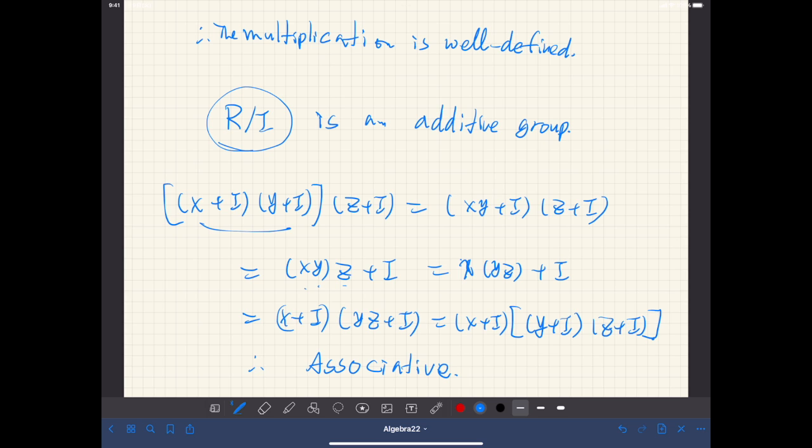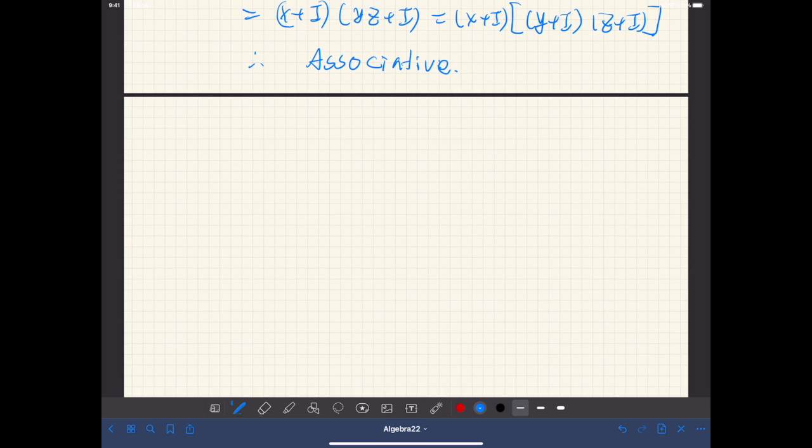Therefore R over I is a ring. Well, we actually need to prove the distributive laws, but I think it's easy enough, so I will skip it.